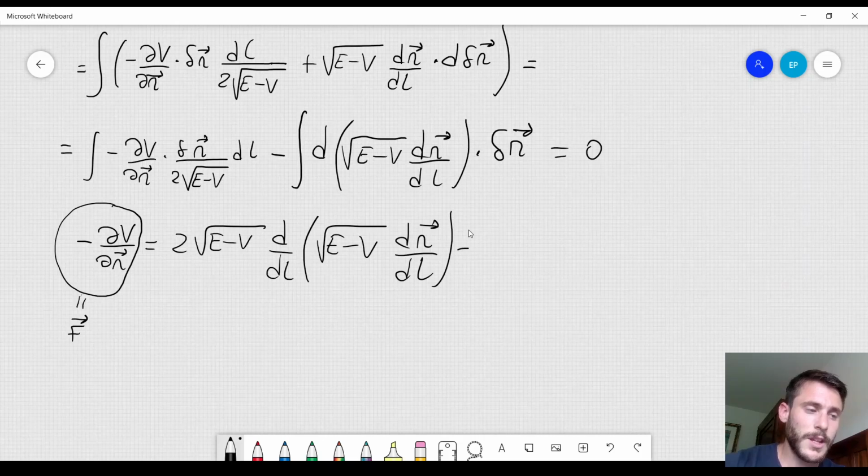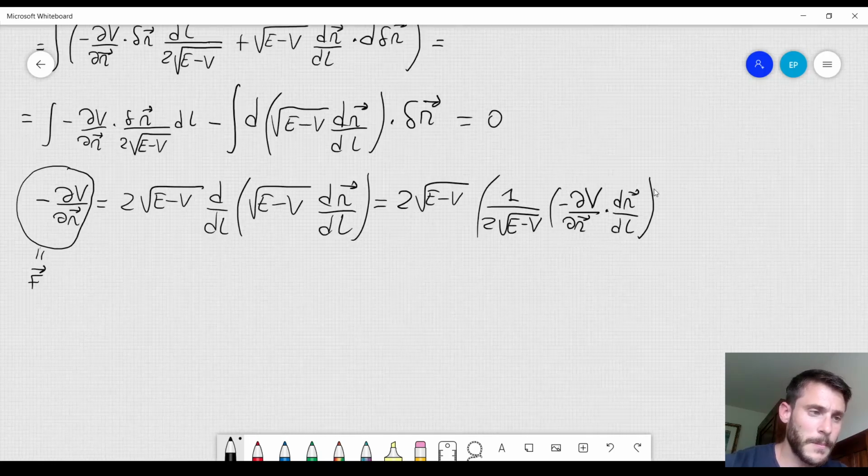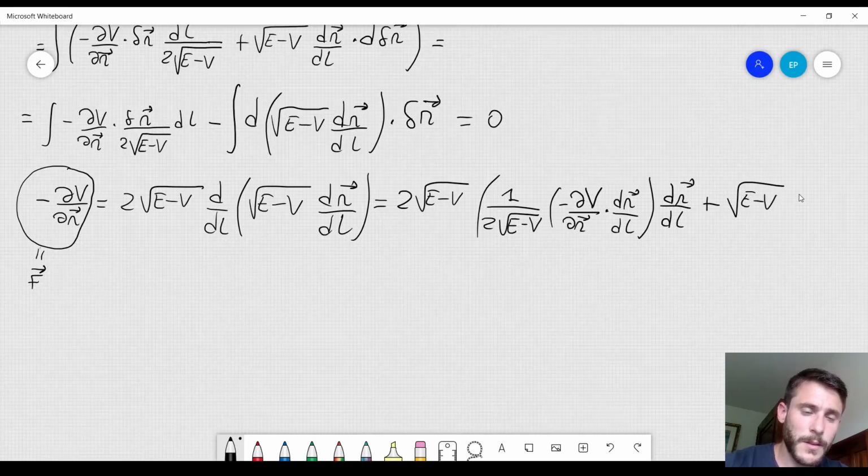So this is equal to 2 square root of E minus V, and then I have 1 over 2 square root of E minus V, and then I have minus derivative of the potential energy with respect to r dot product dr over dl, and then I have dr over dl here plus square root of E minus V d squared r over dl squared.